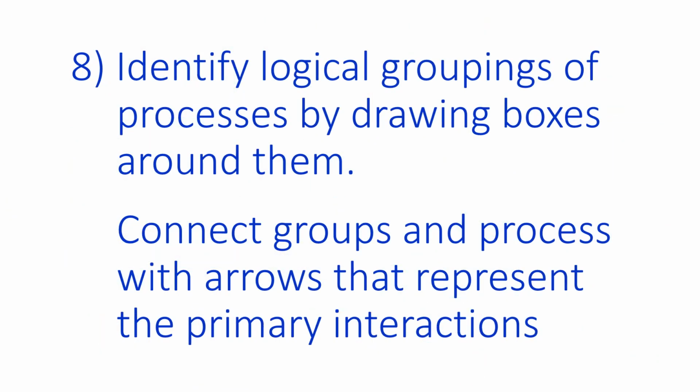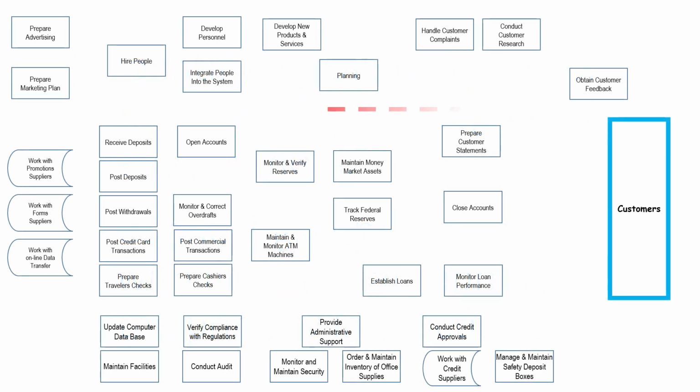Grouping some processes and drawing boxes around them makes it easier to see the organization's workflows. It is customary to draw a large box around all of the mainstay processes. Arrows should represent the primary direction of work or interactions between processes.